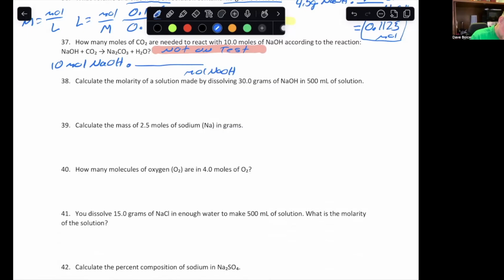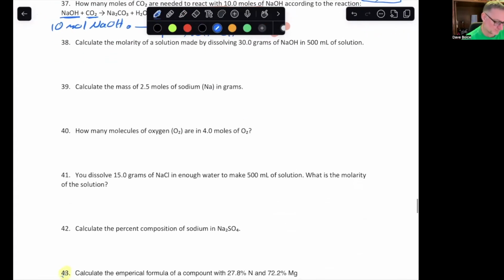And according to this, 1 mole of NaOH reacts with 1 mole of CO2. And so this is a 1-to-1 ratio. So your answer is going to be 10. But again, we haven't done mole-to-mole ratio relationships this year, but we will get to that as soon as we get back from the holiday break.